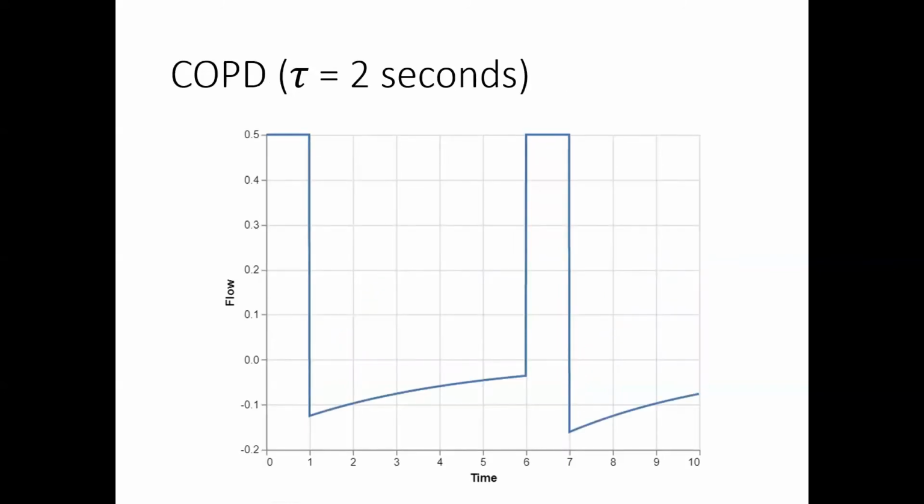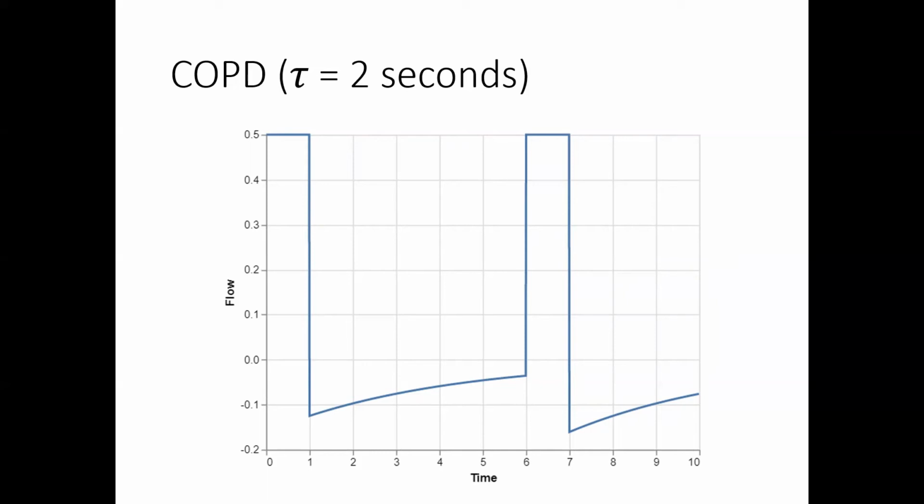This is a patient who has COPD. Think of COPD as increased compliance, increased time constant. And so the tau in this instance is 2 seconds. This patient needs 2 times 3, at least 6 seconds for exhalation in order to avoid air trapping.